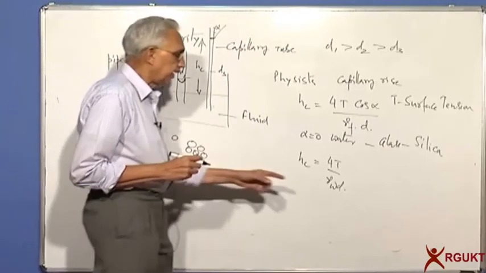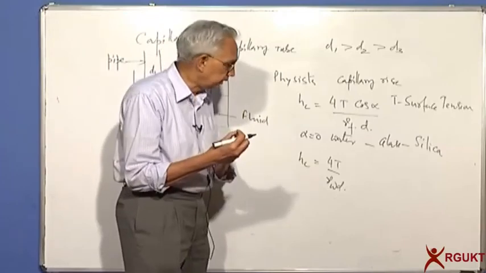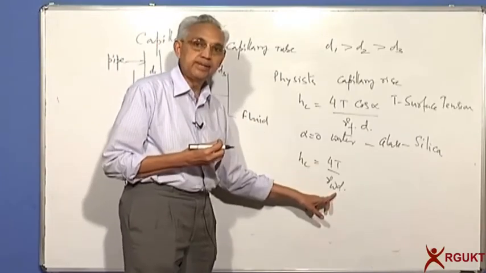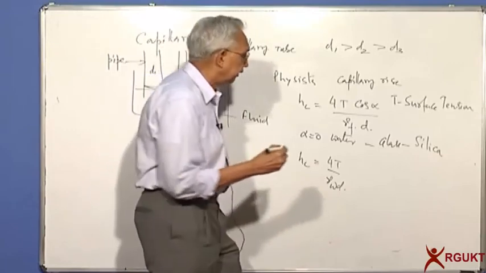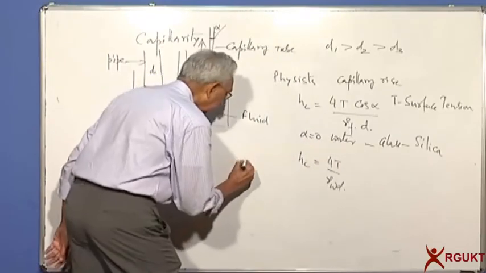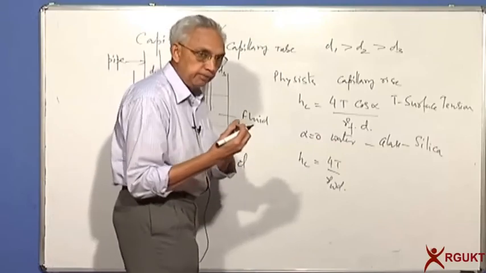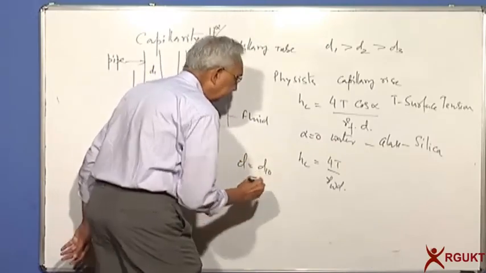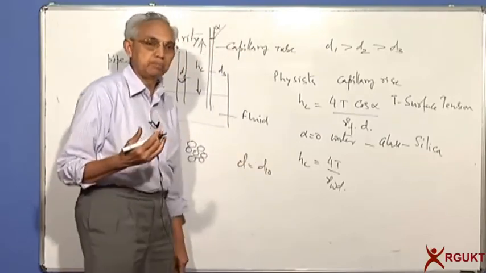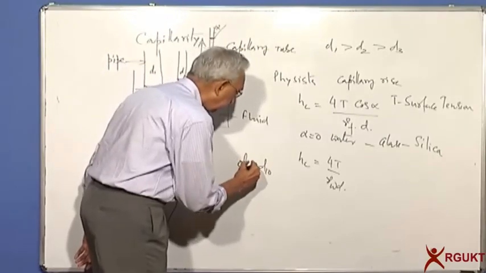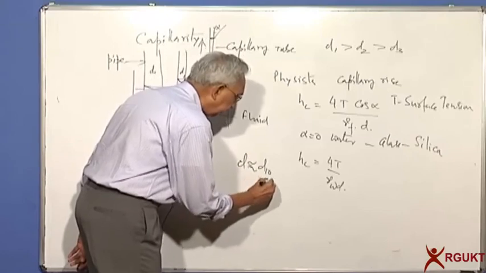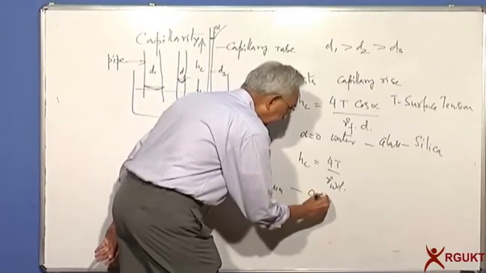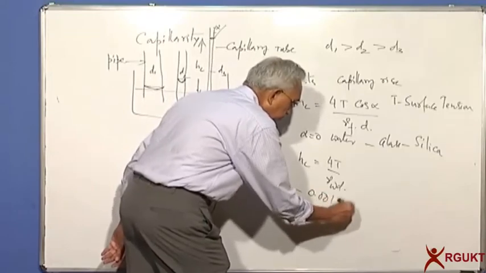In case of sands, the void space is large. In case of silts, it's intermediate. And in case of clays, D is very, very small. This D, the size of the void within the soil, is approximately equal to D10, the particle size corresponding to 10% finer. It can vary from, let's say, 0.1 millimeter to as low as 0.01 millimeter.